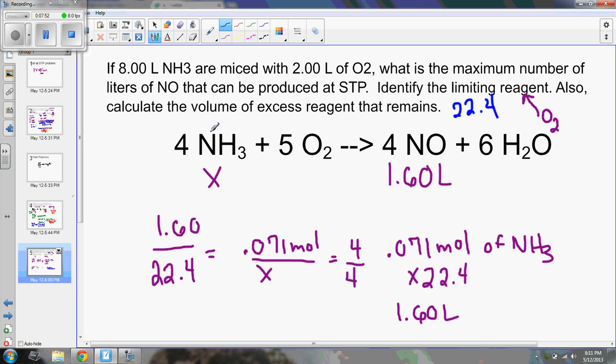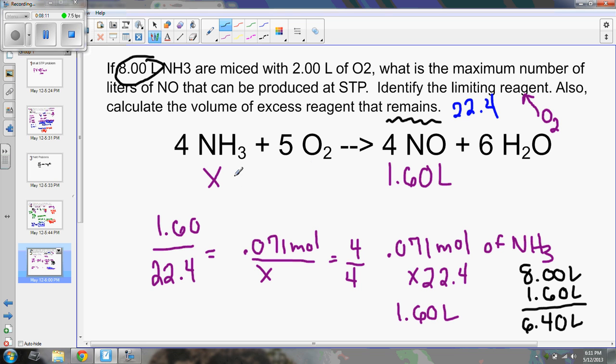I want to figure out how much remains. If I start with 8.00 liters and I use up 1.60 liters, I am left with 6.40 liters of NH3.